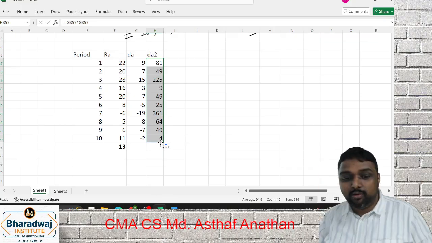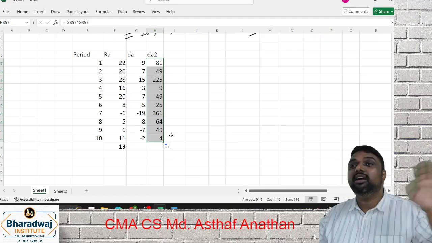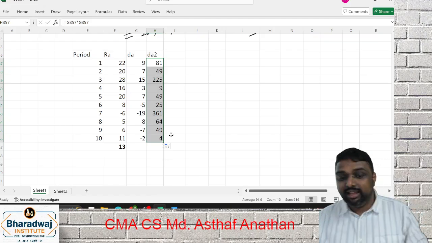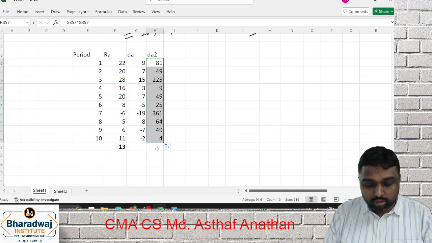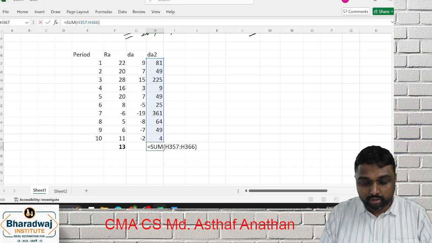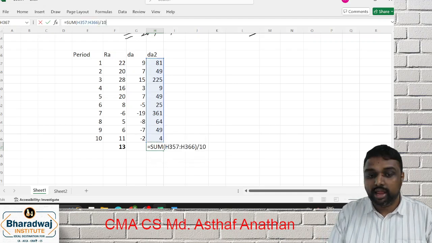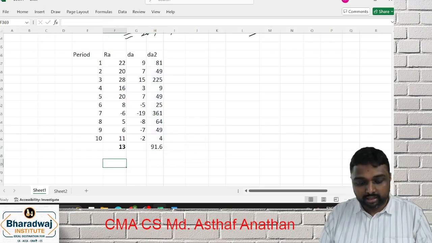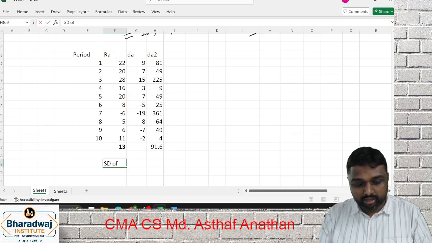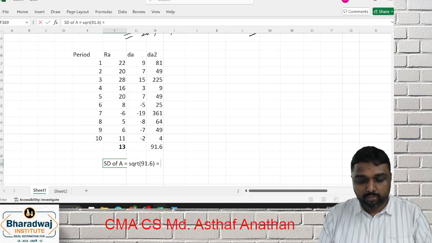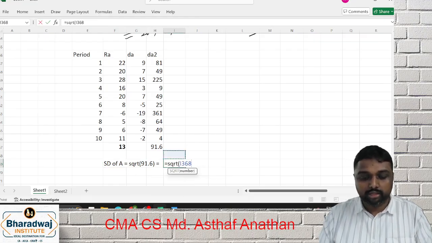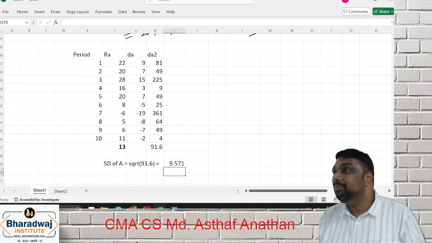Here what do you do? There is nothing called PD square. Here it is D square by year. So you take the sum total, then divide by N. What is your N? 10. So the standard deviation of A will be the square root of 91.6. This is how. You have nothing to multiply with probability.